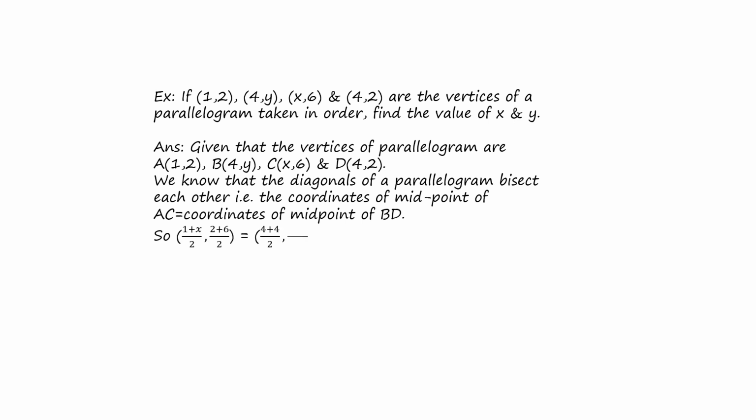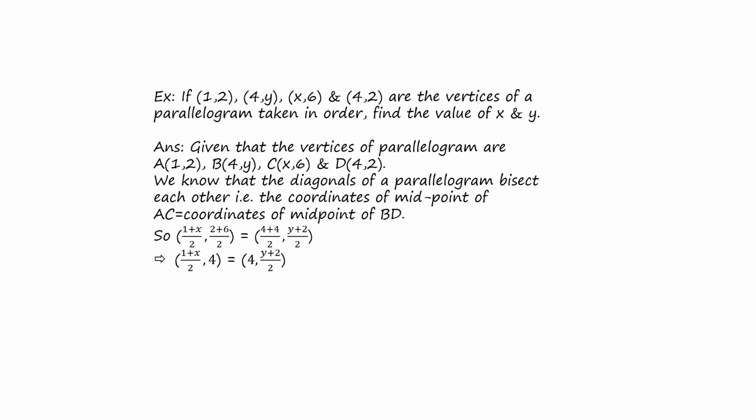So the coordinates of the midpoint of AC is nothing but ((1 + x)/2, (2 + 6)/2), and that of the midpoint of BD is ((4 + 4)/2, (y + 2)/2). So here we get ((1 + x)/2, 4) equals (4, (y + 2)/2).